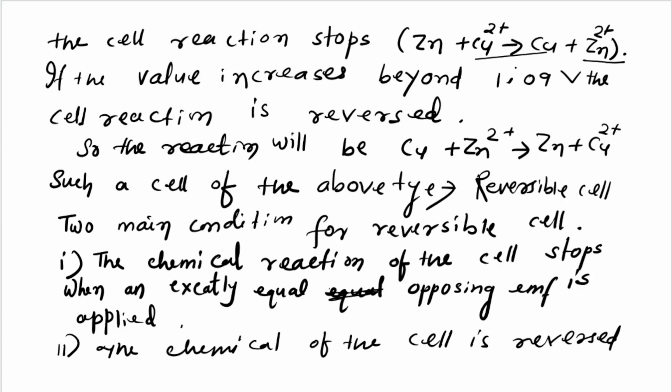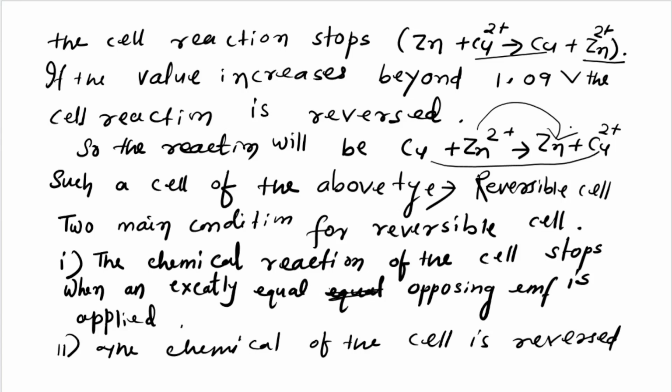If more than that is applied, then the reaction is reversed. So what is the reaction after reverse? Before it was Zn, now it is Zn2 plus, and before it was Cu2 plus, now it is Cu. So Cu changes to Cu2 plus, Zn2 plus changes to Zn.